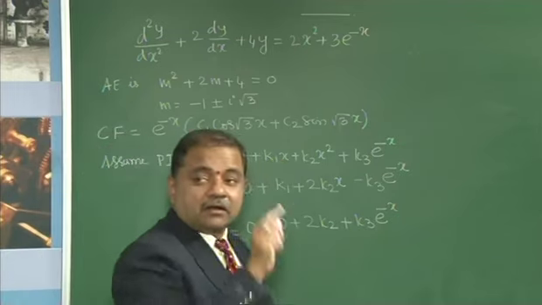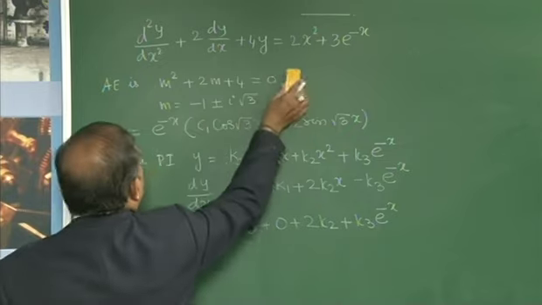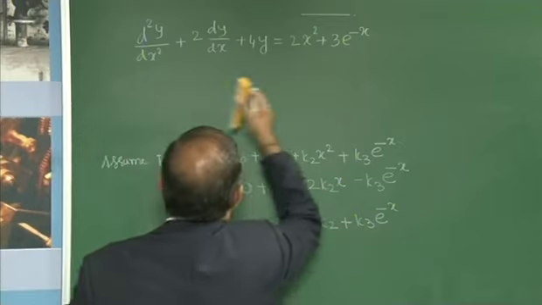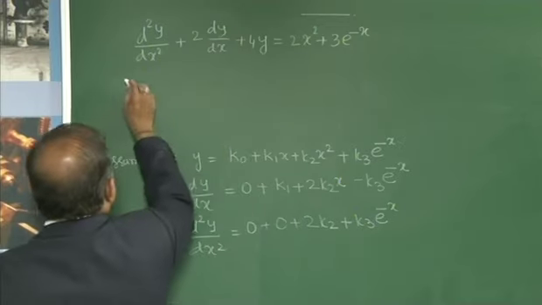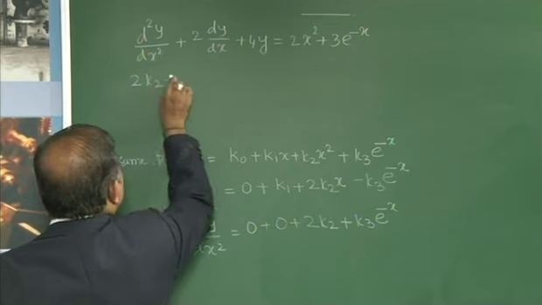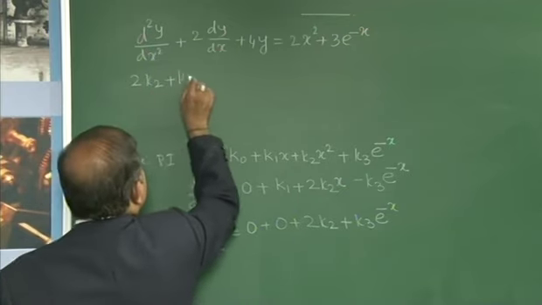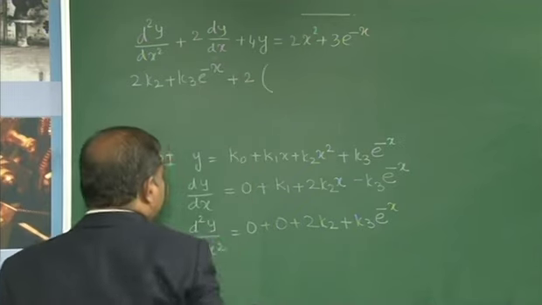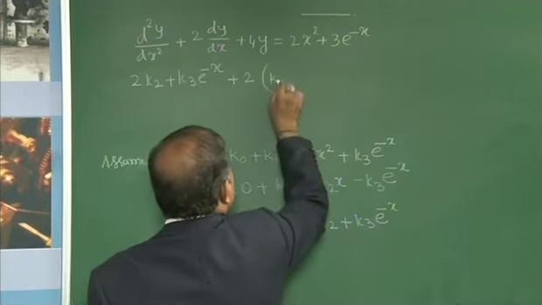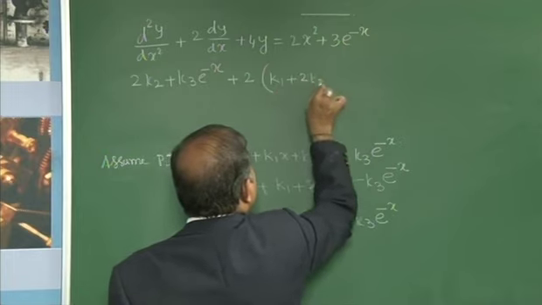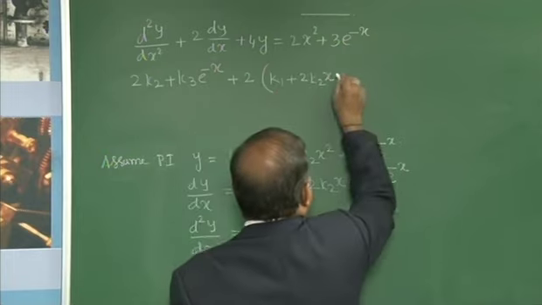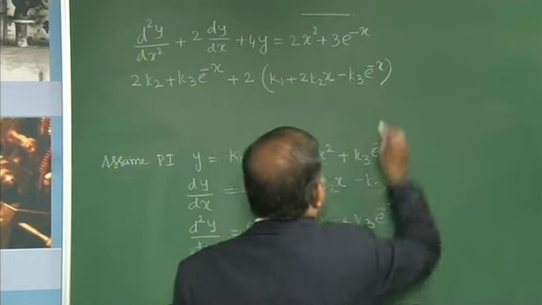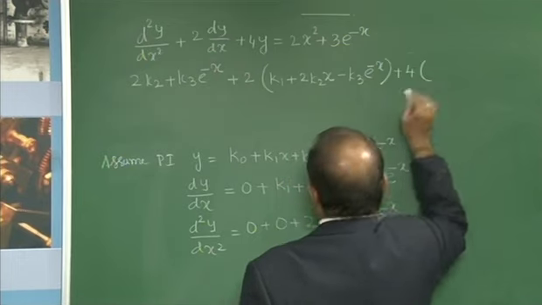So first write the given equation. After writing it, you substitute all the values. d square y by dx square is 2k2 plus k3 e power minus x, plus 2 into dy by dx, k1 plus 2k2x minus k3 e power minus x, plus 4 into y.